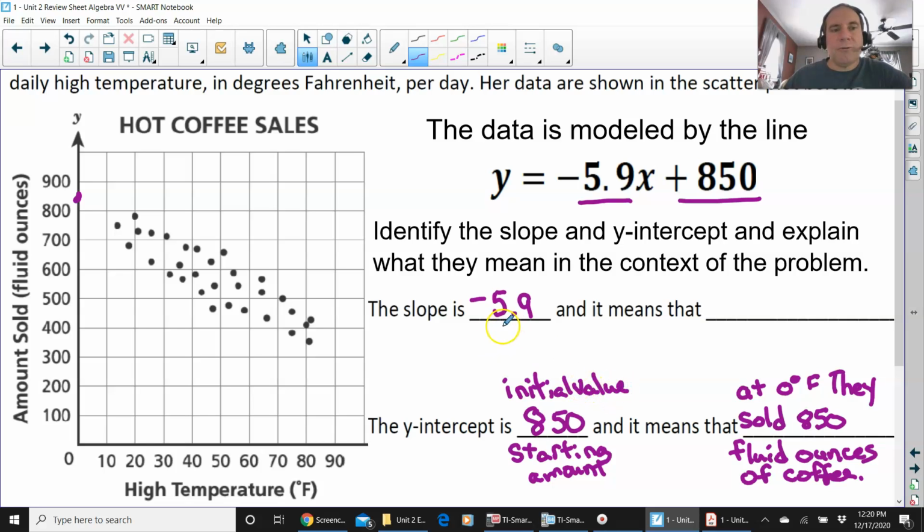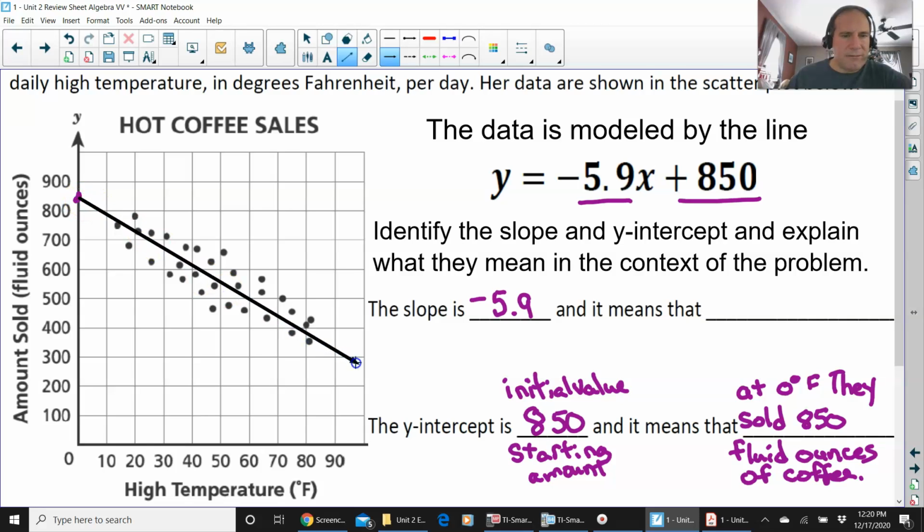All right, so what does the slope mean? Well, -5.9. If you're figuring out the equation of a trend line, think about it. I'm going to draw this trend line starting from right about here and going down. What's actually happening as the temperature becomes higher? There's a decrease in hot coffee sales.